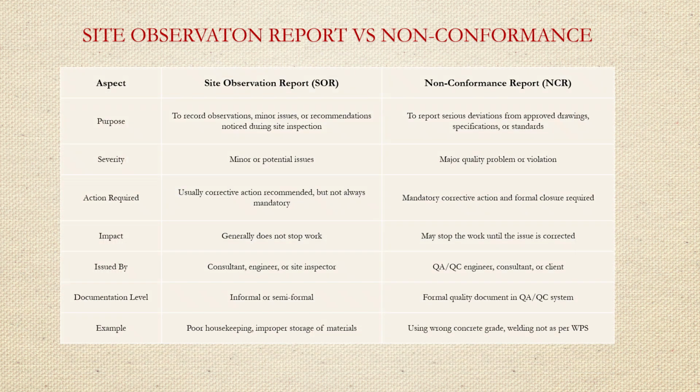Difference between site observation versus non-conformance. Aspect, purpose: site observation is to record observations, minor issues or recommendations noticed during site inspections. Purpose of a non-conformance is to report serious deviation from approved drawings, specifications or standards.